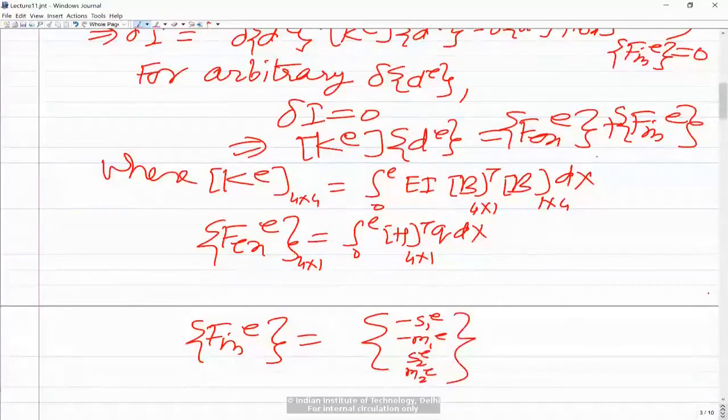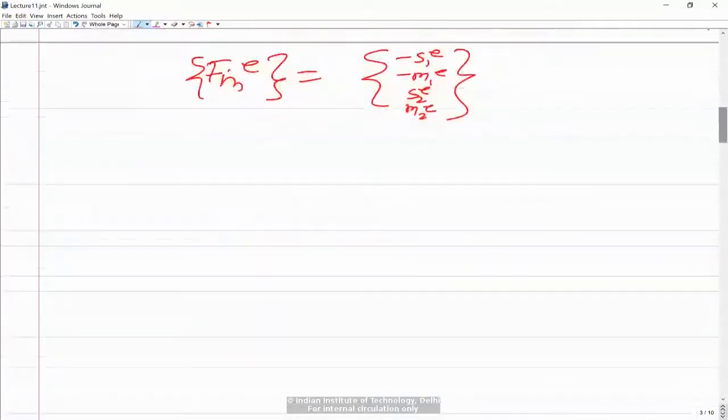Now for applications you have to integrate and get Ke and F external, and then assemble, impose the boundary condition and solve the problem. Those steps are basically the same. So let us look at the specific forms of Ke and F external if EI and Q are constant within the element. Although they could be any function, you can account for, let's say, half of the element having some value of EI and the other half another value.